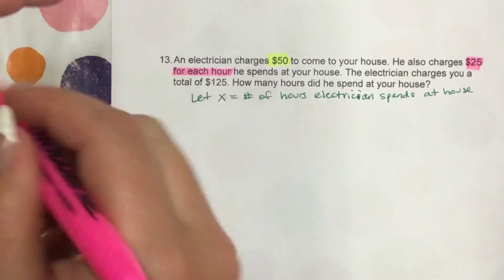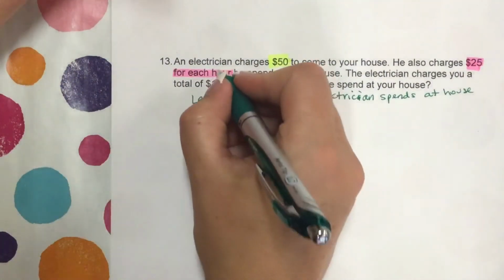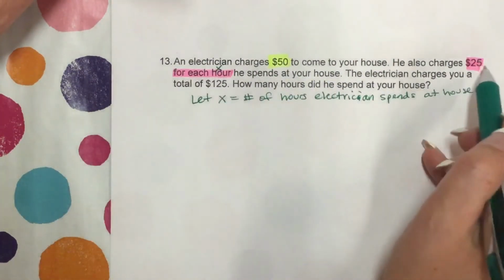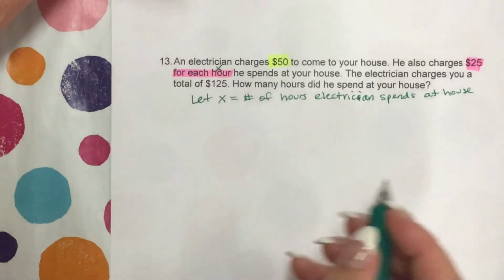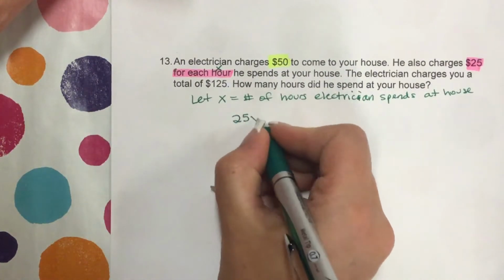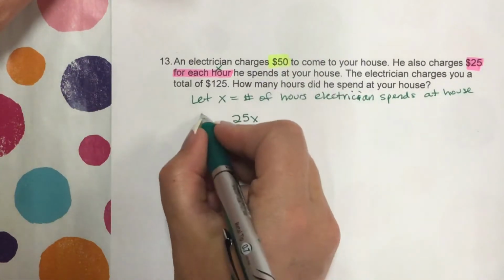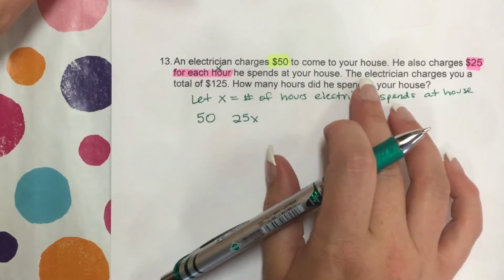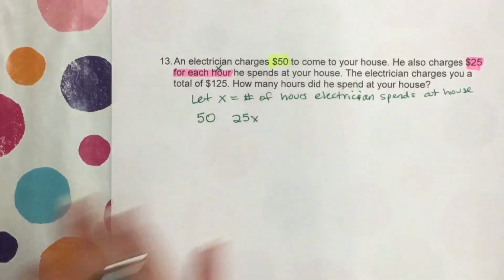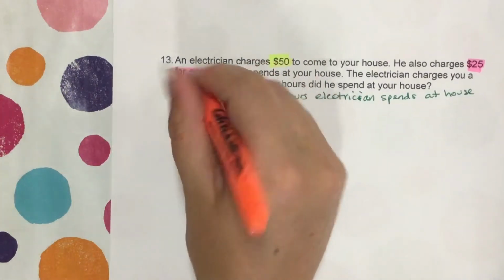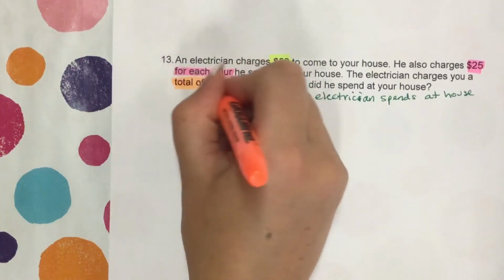What do we have for hour? Hour is X, the number of hours. So this $25 for each hour is really just 25X, okay? So we have 25X, and we have 50, right? And then it says the electrician charges you a total of $125.